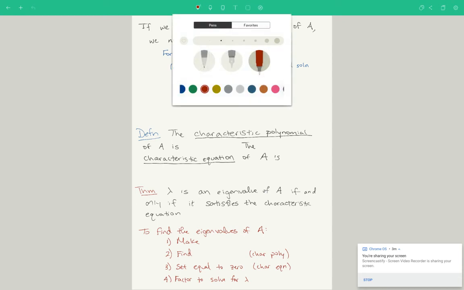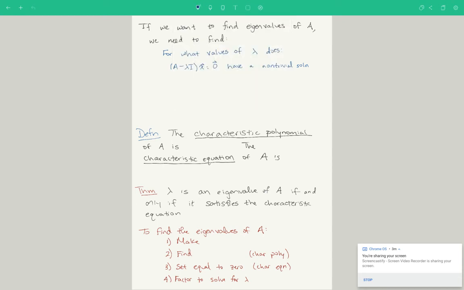If we want to find eigenvalues of A, what do we need to find? We need to find for what values of lambda does (A minus lambda I) x equals 0 have a non-trivial solution. If this has a non-trivial solution, that means part D of the invertible matrix theorem is false.